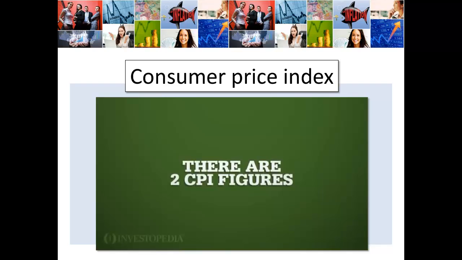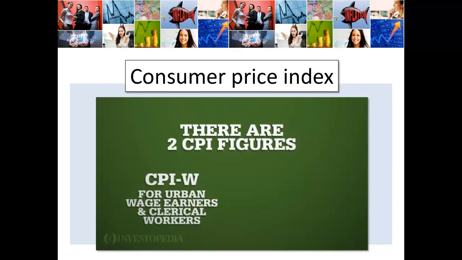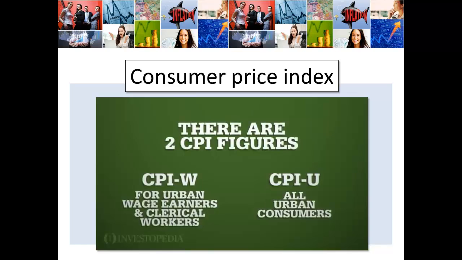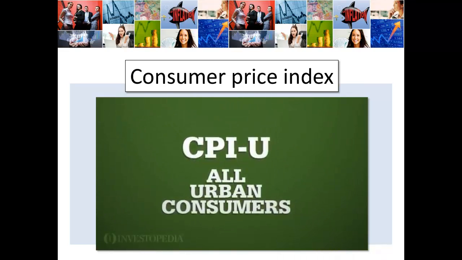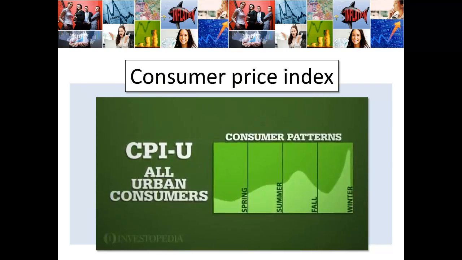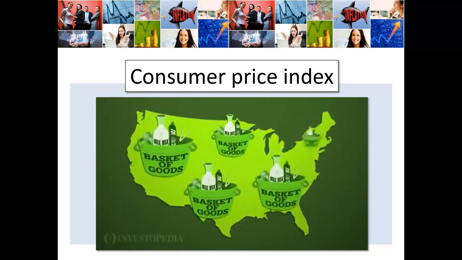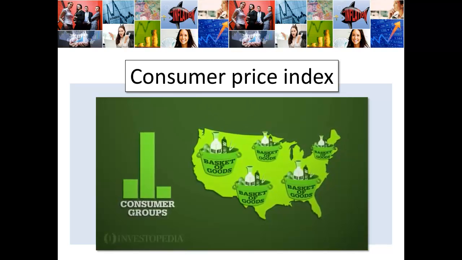There are two CPI figures: the CPI for urban wage earners and clerical workers, the CPI-W, and the CPI for all urban consumers, the CPI-U. The most watched metric is the CPI-U, which is often presented with a seasonal adjustment, as consumer patterns vary depending on the time of year. The CPI is a detailed release with breakouts for most major consumer groups and geographical regions.